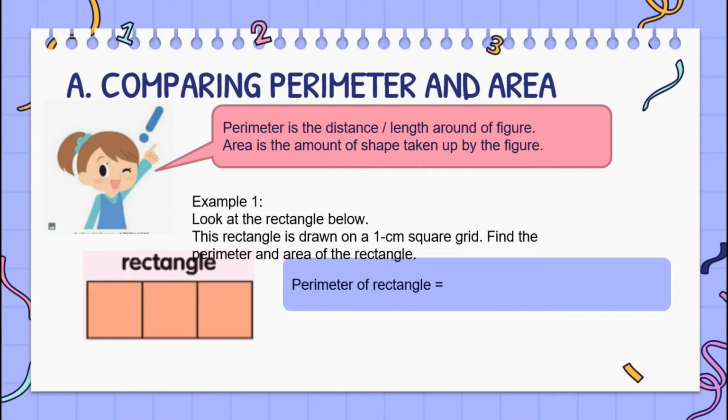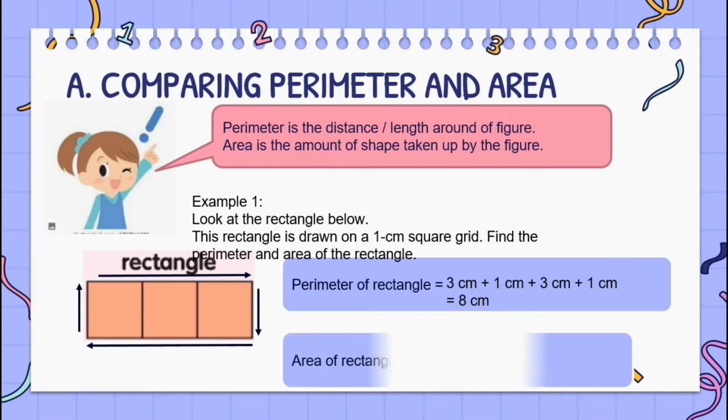Perimeter of rectangle: 3 plus 1 plus 3 plus 1 equals 8 centimeter. Next, area: 1 square centimeter, 1 square centimeter, and 1 square centimeter equals 3 square centimeters.